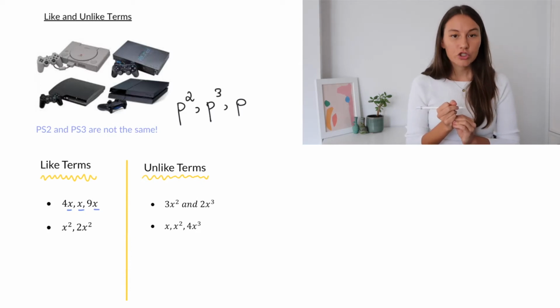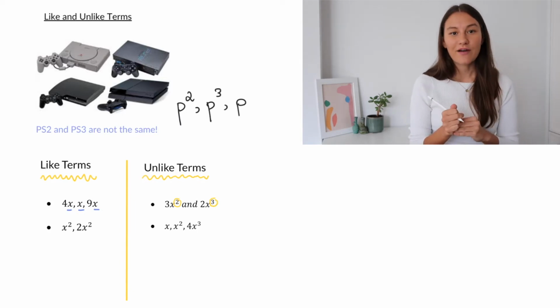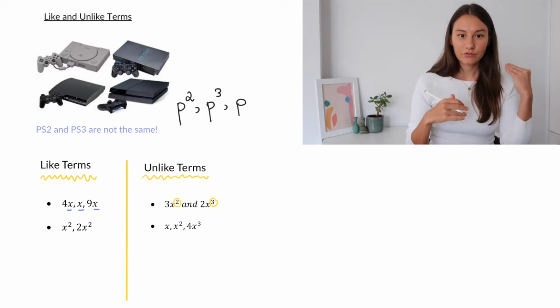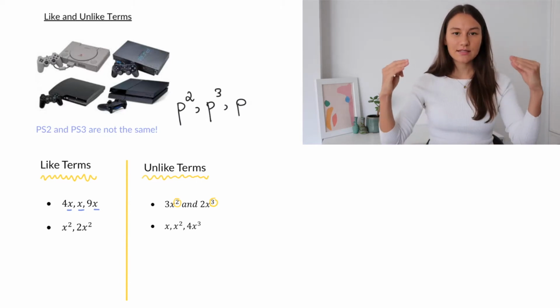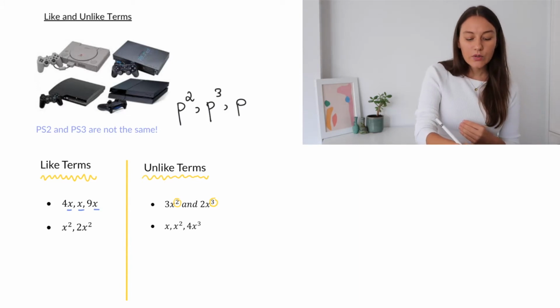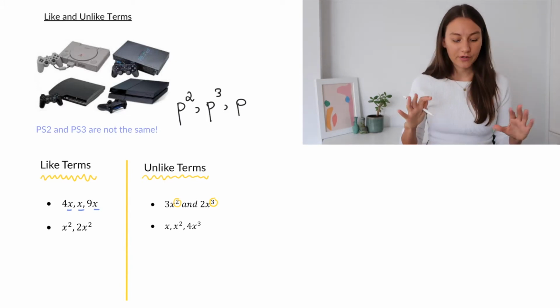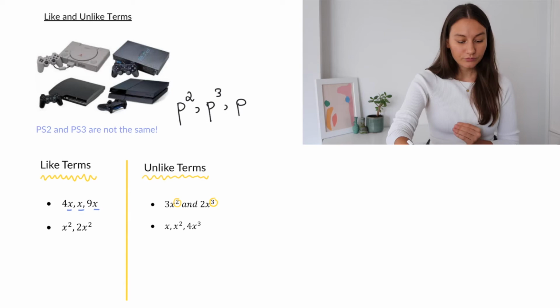It's kind of like 3 PlayStation 2s and 2 PlayStation 3s, right? You're not gonna say you have 5 PlayStations, you're gonna say you have 3 PS2s and 2 PS3s, right? So just kind of use that to help guide you with what you're putting together. And then x squared and x cubed are all different. So we don't worry too much about the coefficient. We're really looking at that variable and what power it's to.